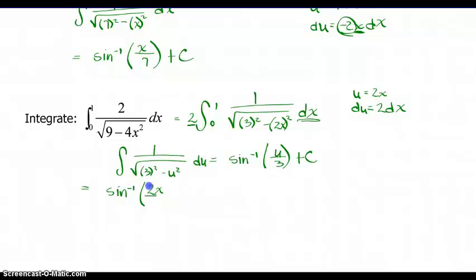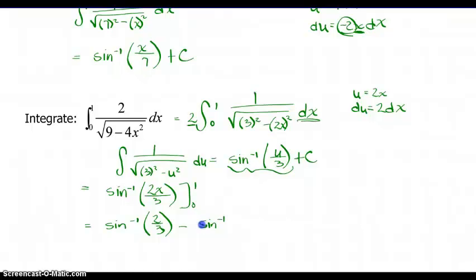For us, u was 2x over 3. We drop our plus c because we only did the indefinite integral to find our antiderivative. And now we're going to do the fundamental theorem. So this is the sine inverse of 2/3 minus the sine inverse of 0.